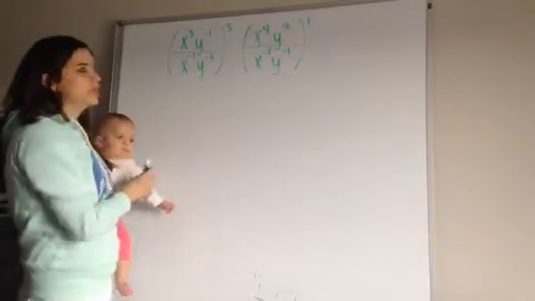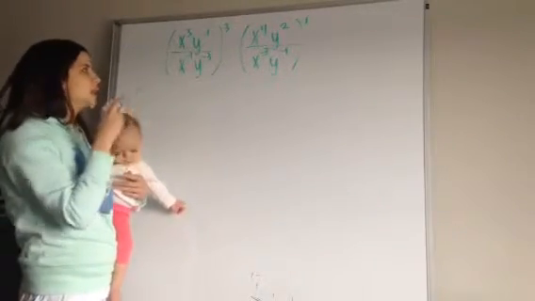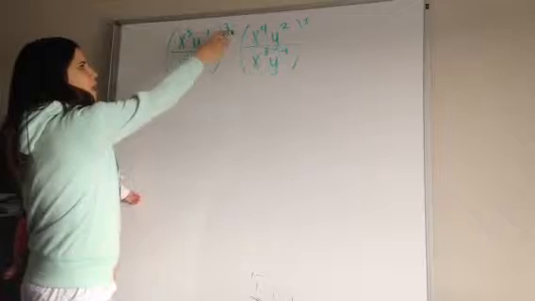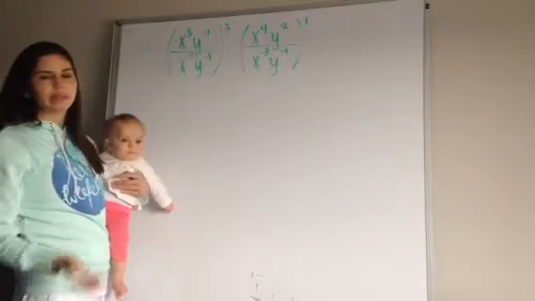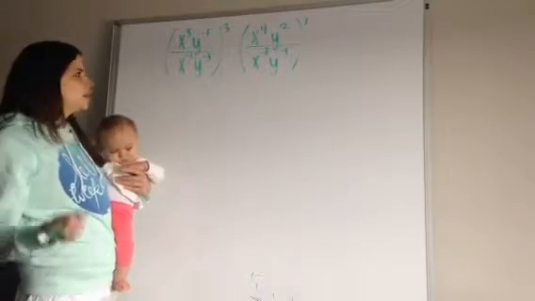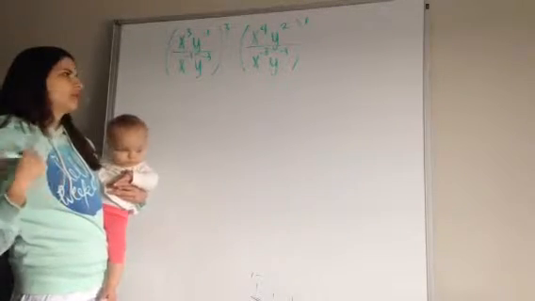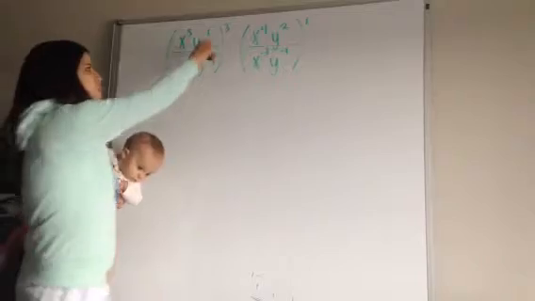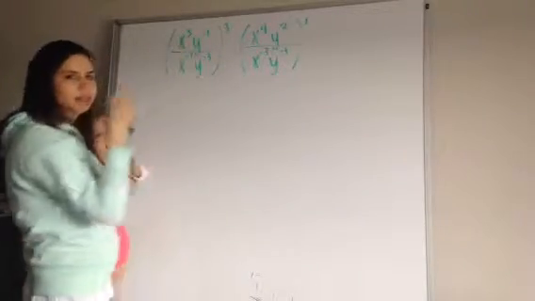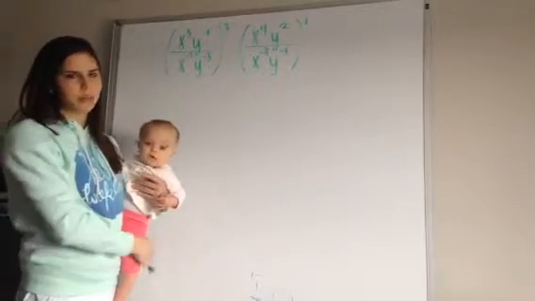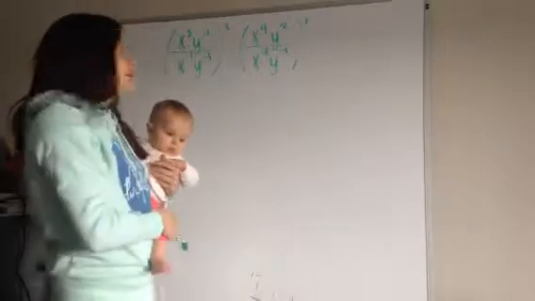Okay, so you can decide whether you do it inside or if you do that power to everything. It doesn't matter which one you do first. I do the power first because usually if there were a negative, then any negatives I only have to deal with once. But either way, you'll still get the right answer.